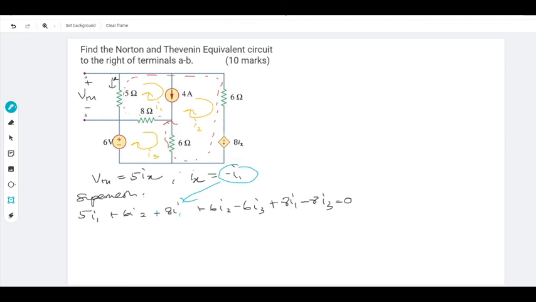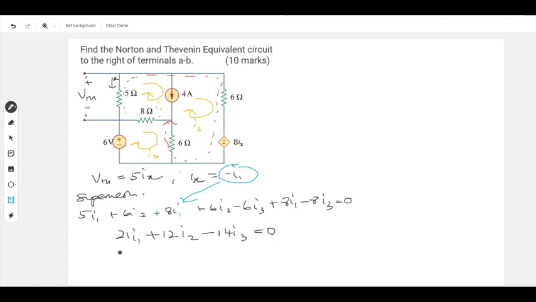So after I substitute, 5 plus 8 plus 8, okay, 21 I1, plus 6 I2, this is also 6, okay, that's it, plus 12 I2. How about I3, negative 6 plus negative 8, negative 14 I3. Anything else? Nothing else, equals to 0.